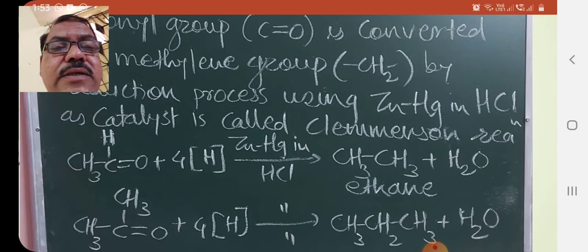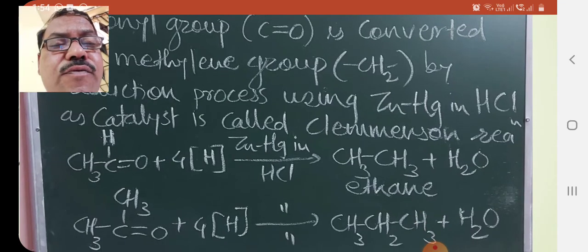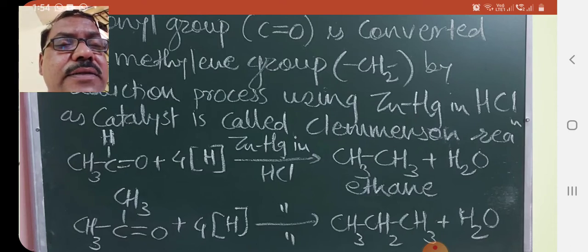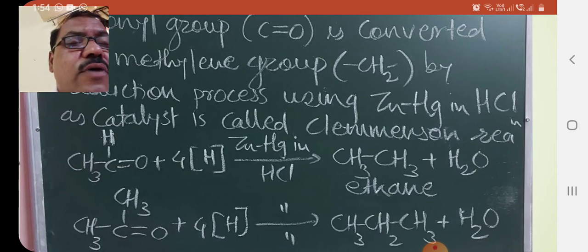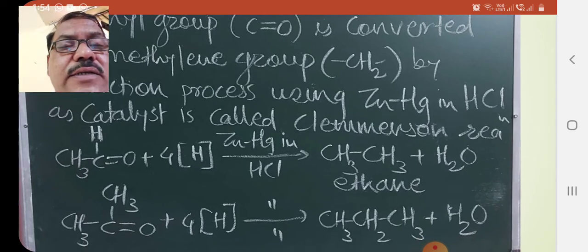In the example, you can see that when acetaldehyde is reacted with 4 nascent hydrogen, these 4 nascent hydrogen came from zinc amalgam in HCl. The C double bond O group is converted into a CH2 group, and there is one more hydrogen, so I have written CH3 single bond CH3 plus H2O.